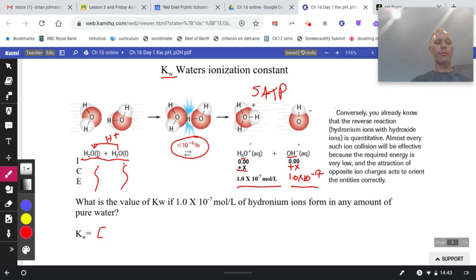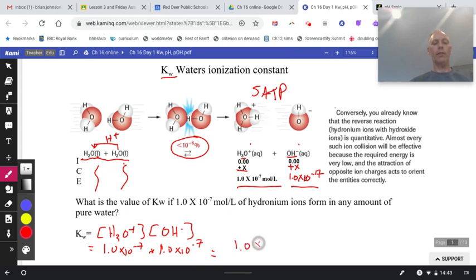So the equilibrium expression is only the products. Concentration H3O plus, concentration hydroxide, and we have those values, 1.0 times 10 to the negative 7 times 1.0 times 10 to the negative 7. So Kw is 1.0 times 10 to the negative 14.